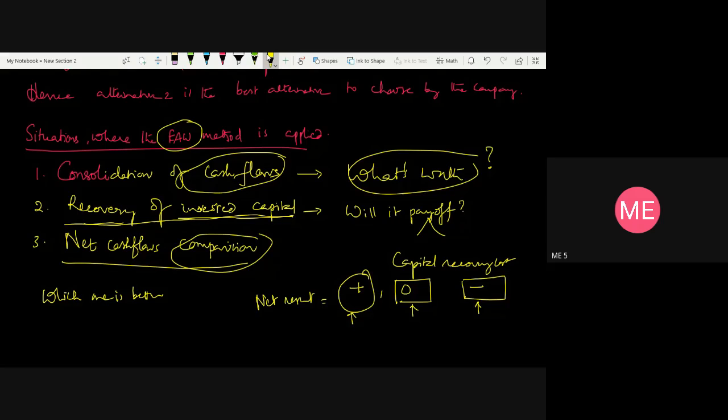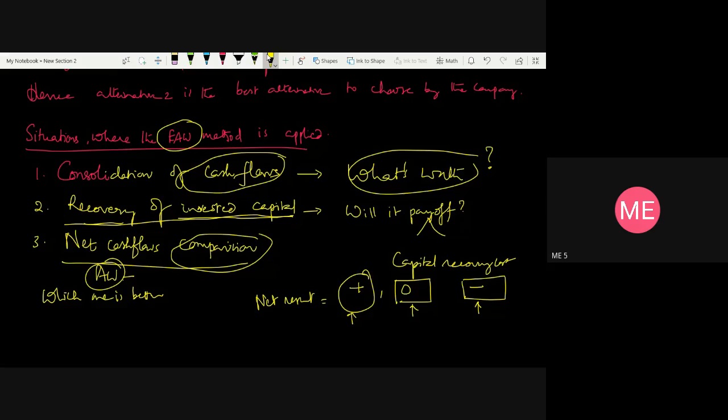So if the worth is measured by revenues, we use the highest net worth. Suppose the net worth is measured in terms of cost, then the lowest cost is preferred, the lowest annuity will be preferred. Based on that, for net cash flow comparisons, we calculate the annuity worth.